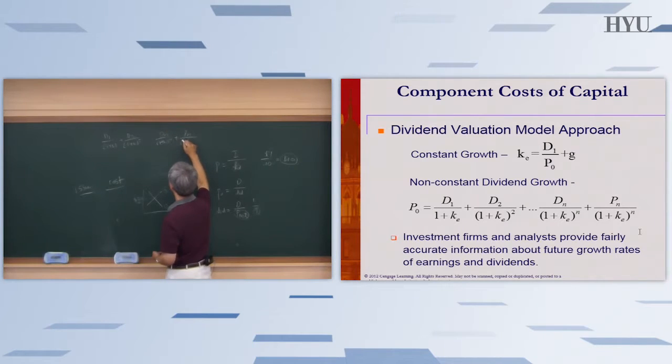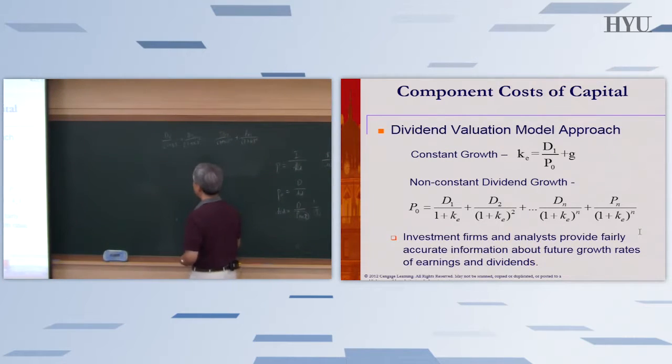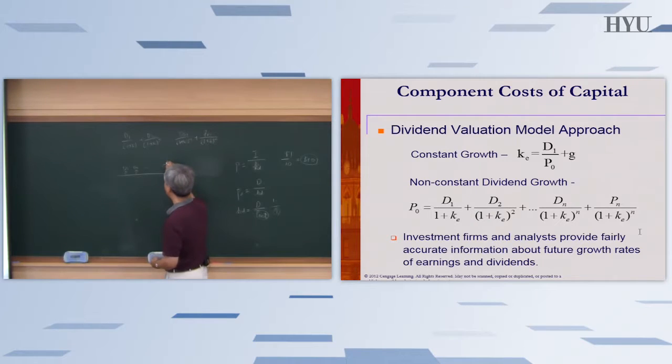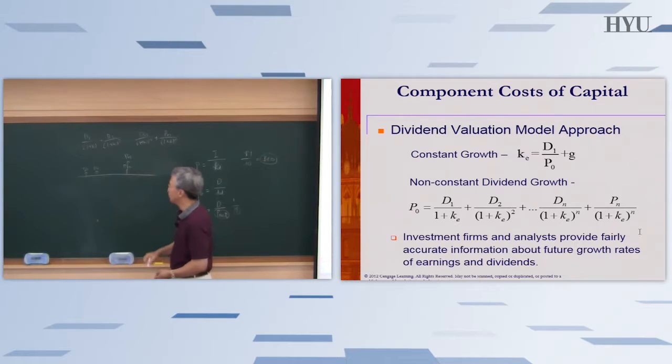So you discount by the number of years. The story is you expect D1, D2 to Dn, and at this point you expect to sell. But this price, Pn, we can rewrite this way.